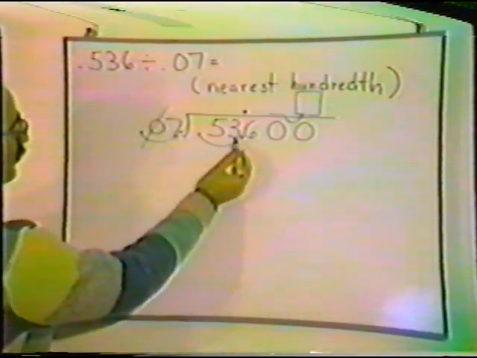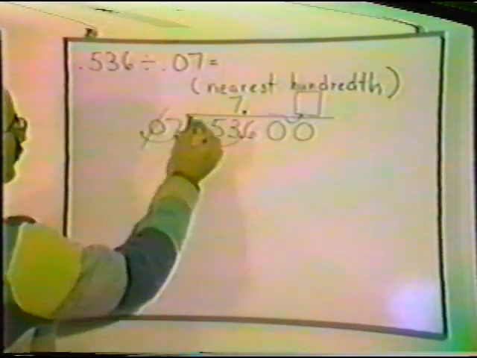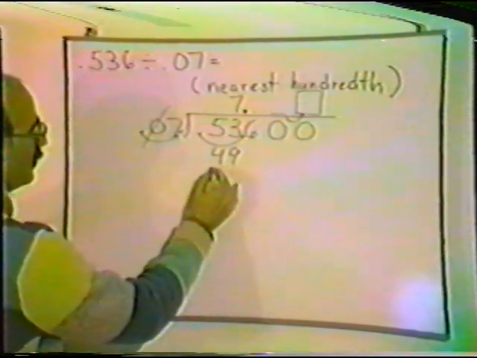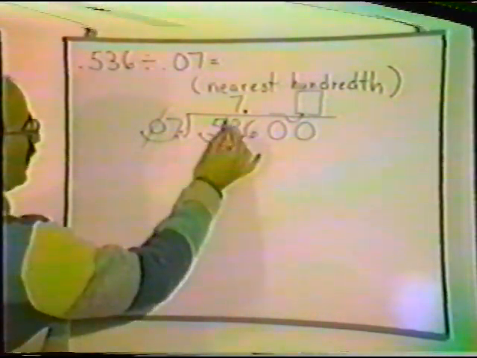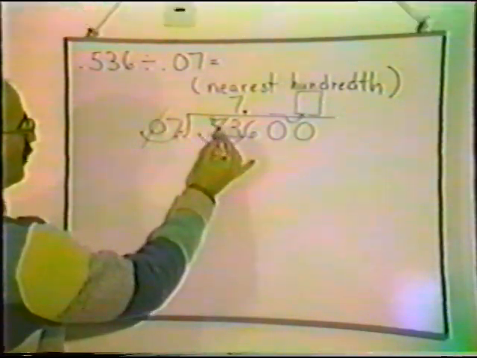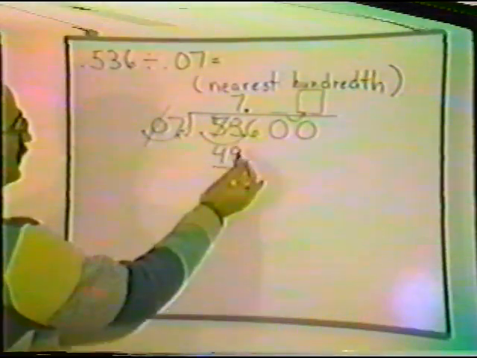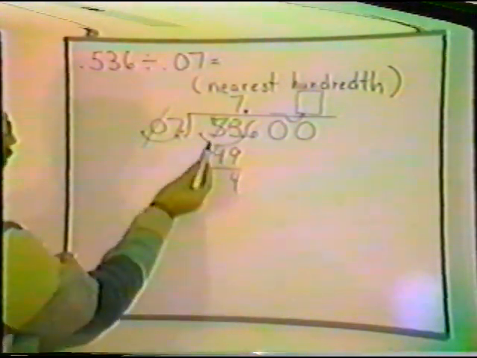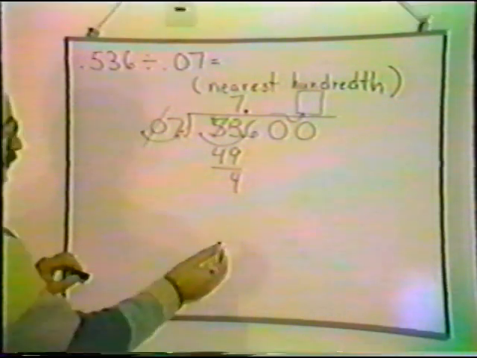7 into 53. 7, because 7 times 7 is 49. 3 take away 9. Can't do. The 5 becomes a 4, so the 3 becomes a 13. 13 take away 9 is 4, and of course 4 take away 4 is 0, an invisible 0.